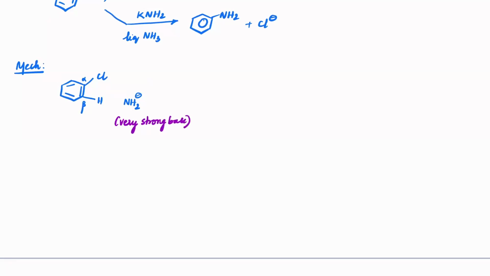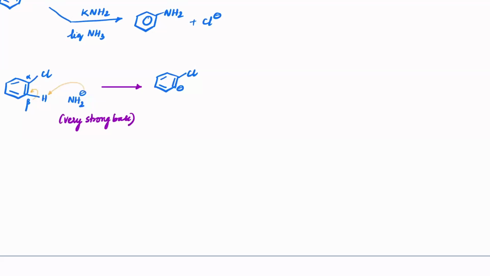Then what will it do? It will take H plus away, trying to get a negative charge on the benzene. And that can actually happen because the phenyl anion is very stable. There is no problem with that. So this anion will be formed first. And this anion will push electrons here to remove this chloride, thus making an intermediate which will appear like this.